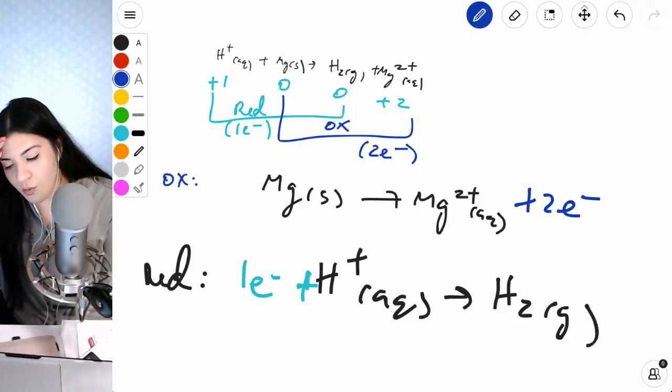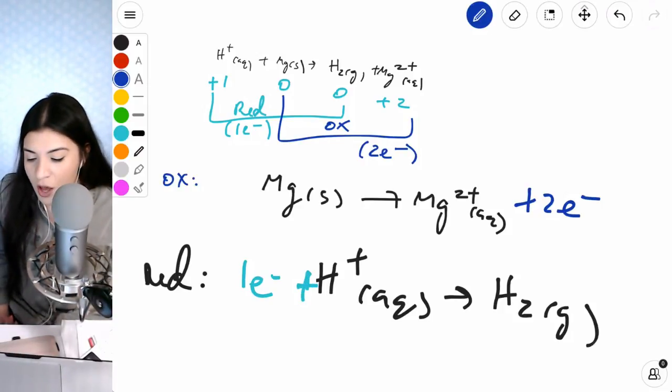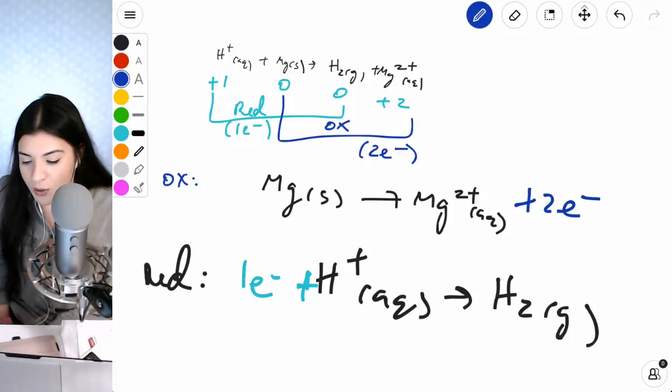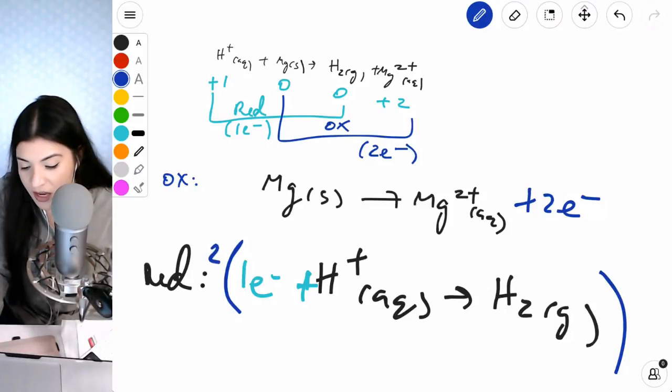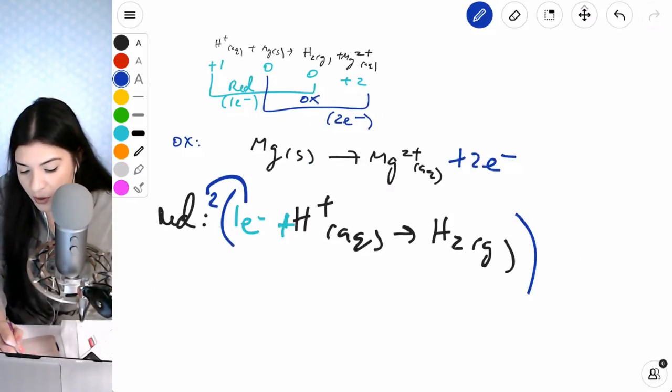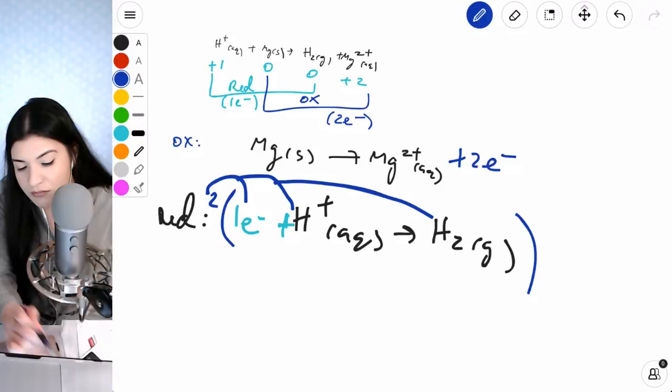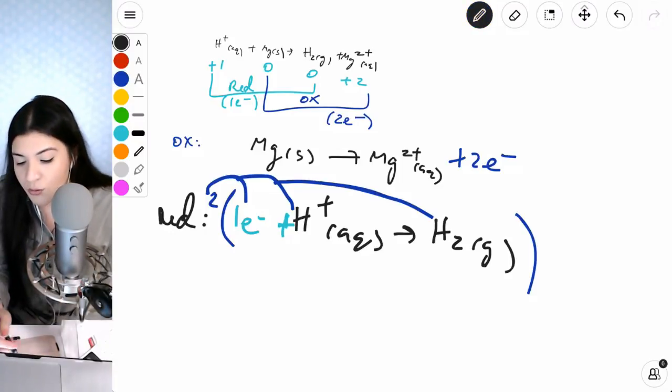With balancing, you always want the exact same electrons. So I want to multiply this entire reduction half reaction by 2, so every coefficient gets multiplied by 2.